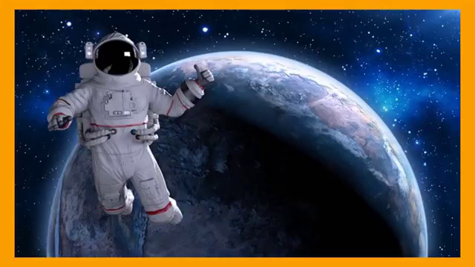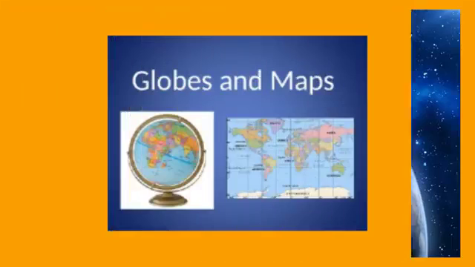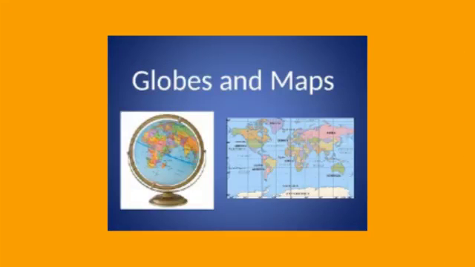The large size of the earth makes it difficult for us to study it as a whole. Geographers have developed different means of representing the earth on a smaller scale to make its study easy. Two important tools that we use for this purpose are globes and maps.